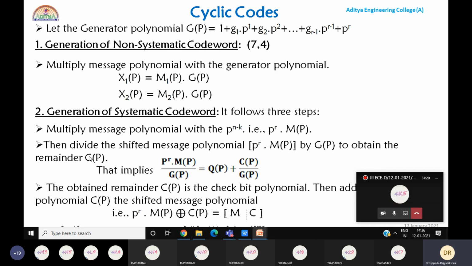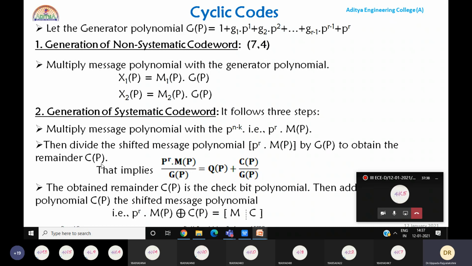Then you will get a remainder. Once you multiply with p power r, that is p power r into m of p, and divide it with g of p, you will get a remainder C of p.